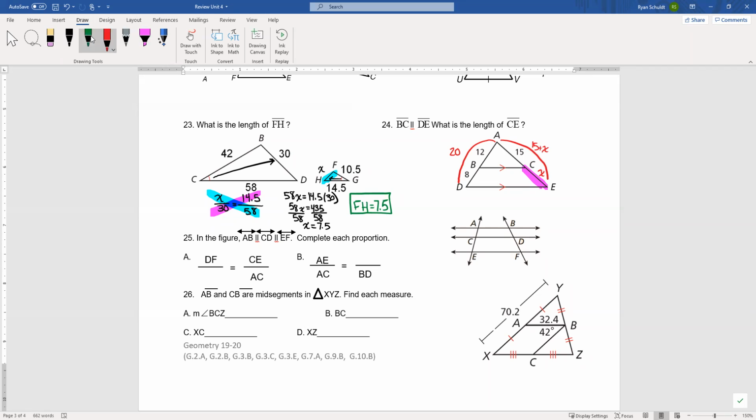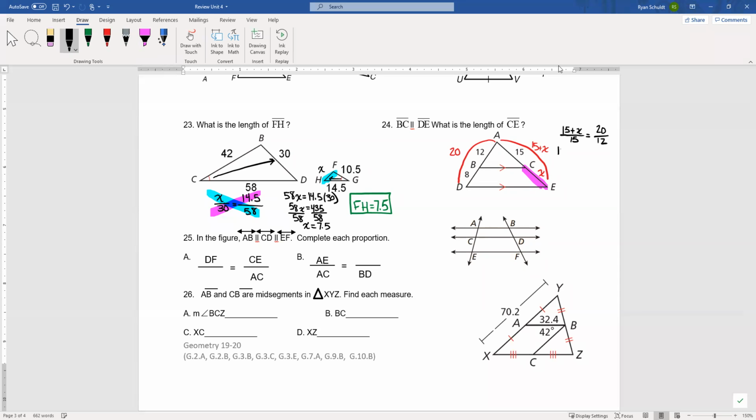So I can set up a ratio, big triangle to little triangle. Let's do big over little. 15 plus X over 15, big over little, equals big, which is 20, over 12.